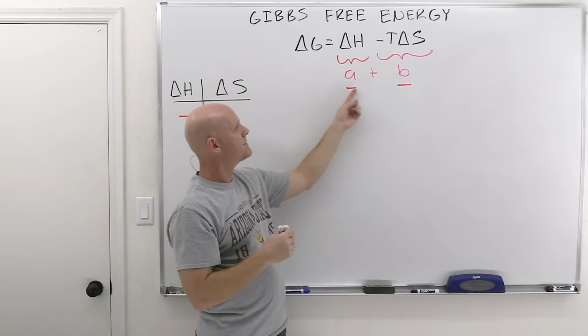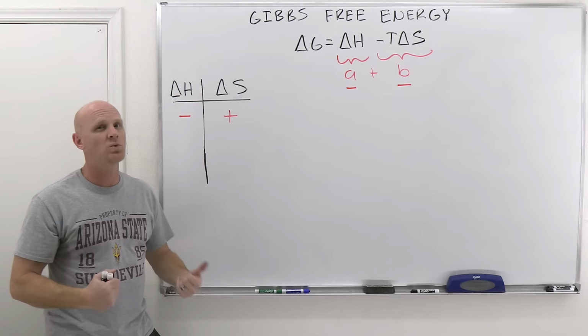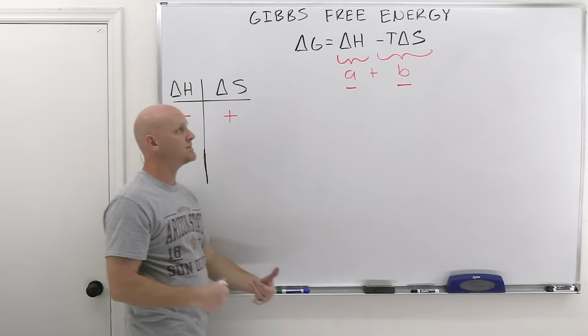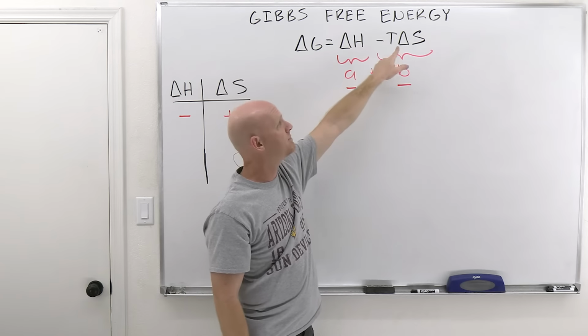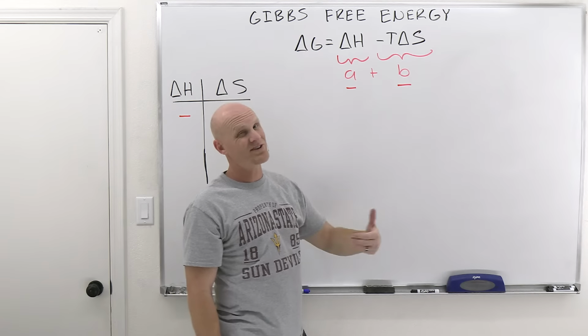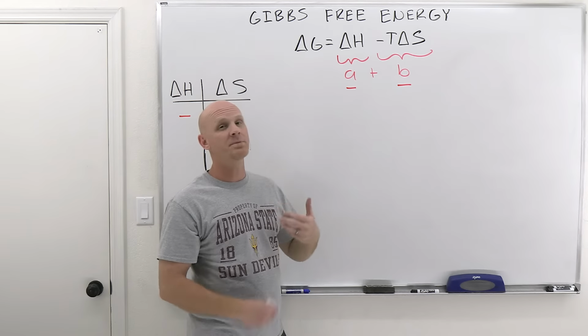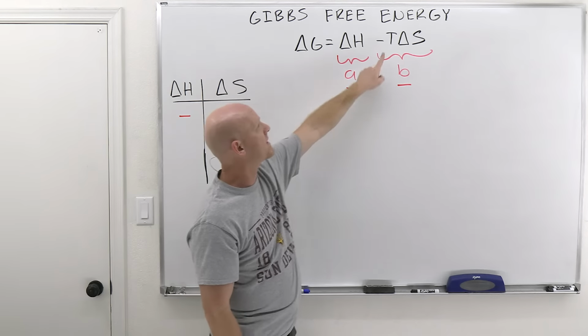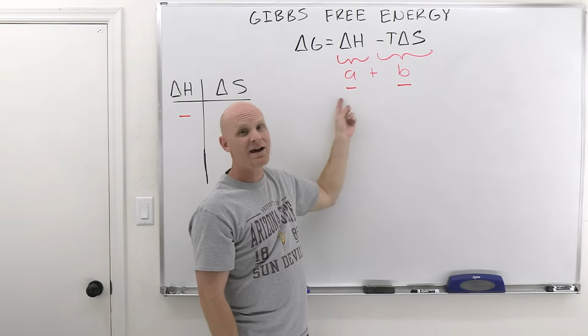And if you add a negative number to a negative number, you're going to get a negative number no matter what. And when we say no matter what, we really mean no matter what value of the temperature you plug in. Again, you can't plug in a negative number for temperature because it's on the Kelvin scale. So T is either going to be 0 or a positive number, but it can't be negative. And so no matter what possible temperature you plug in here, you're still adding two negative numbers.